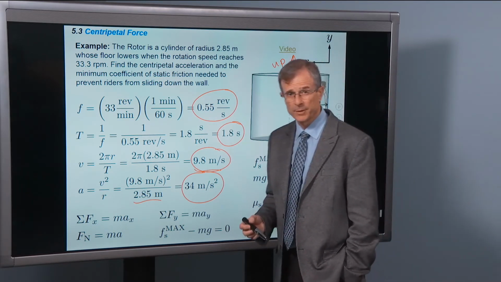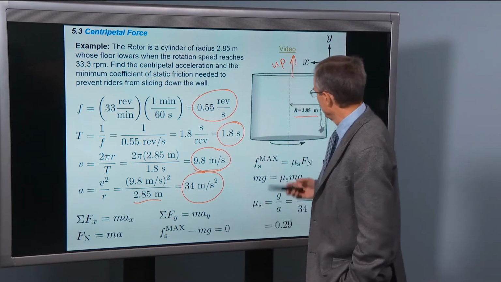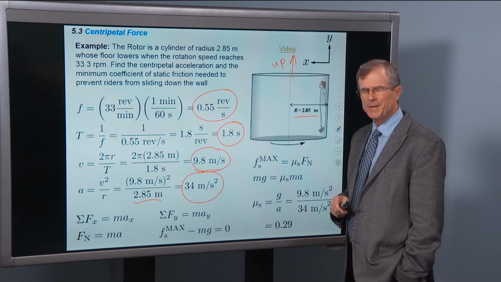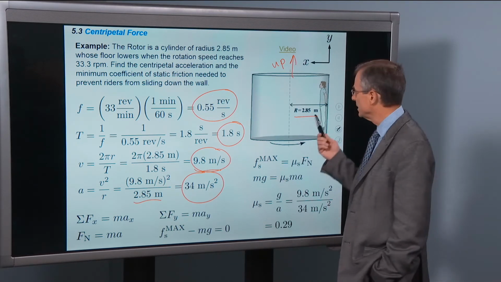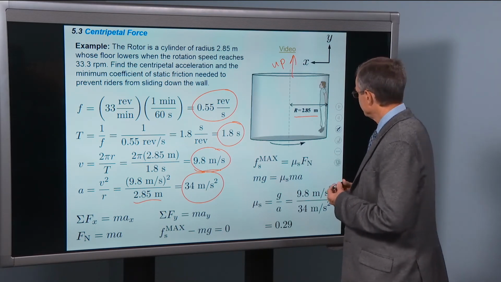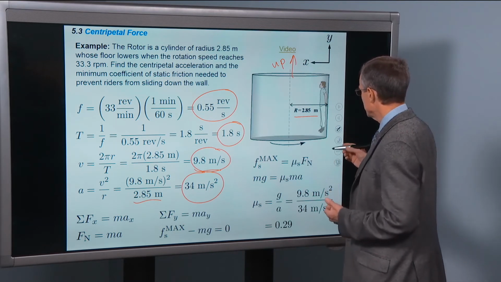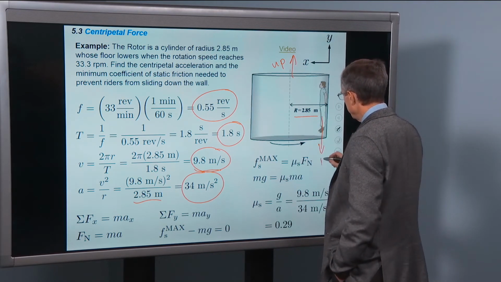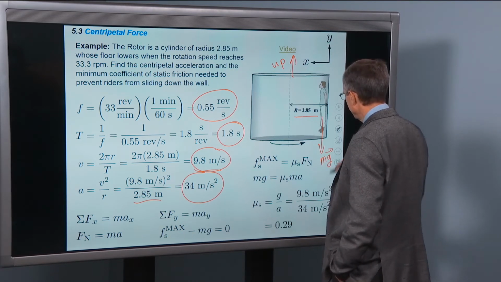And then we're going to use the same procedures that we did in the previous case with the static friction force. First of all, could you tell me what the centripetal force is in this particular case? Well, let's look at the forces on the man. We've got gravity pulling him down, no doubt about that.